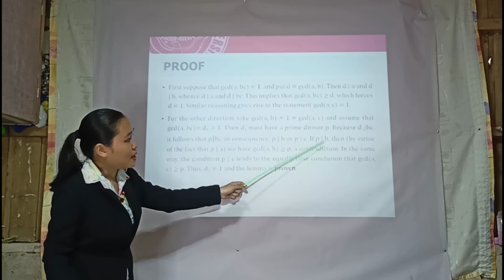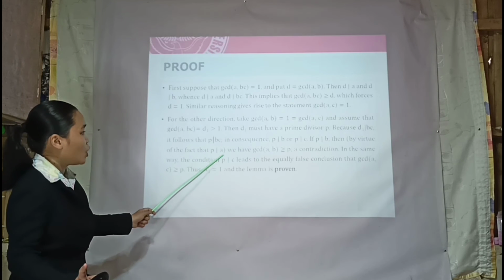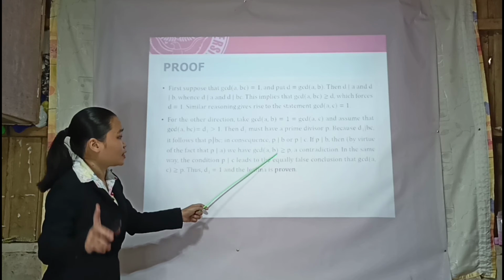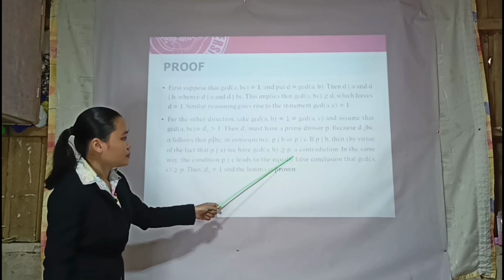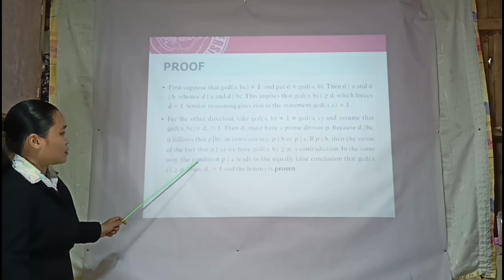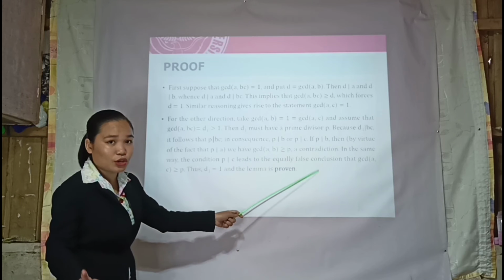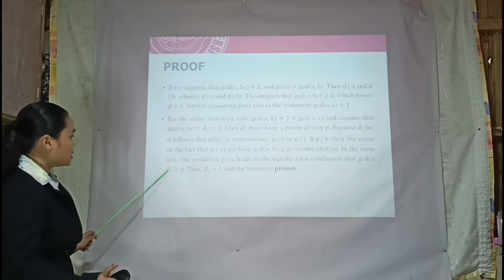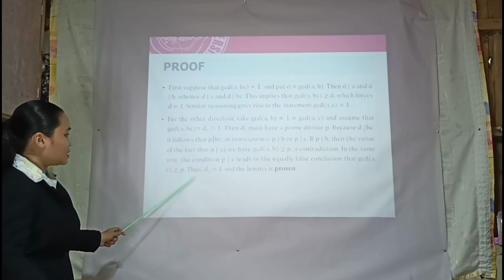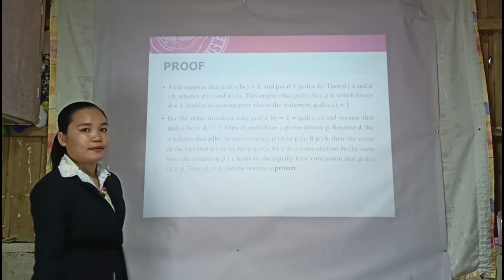If p divides b, then since p divides a, we have the GCD of a and b is greater than or equal to p, a contradiction. In the same way, the condition p divides c leads to the equally false conclusion that the GCD of a and c is greater than or equal to p. Thus, d sub 1 is equal to 1 and the lemma is proven.